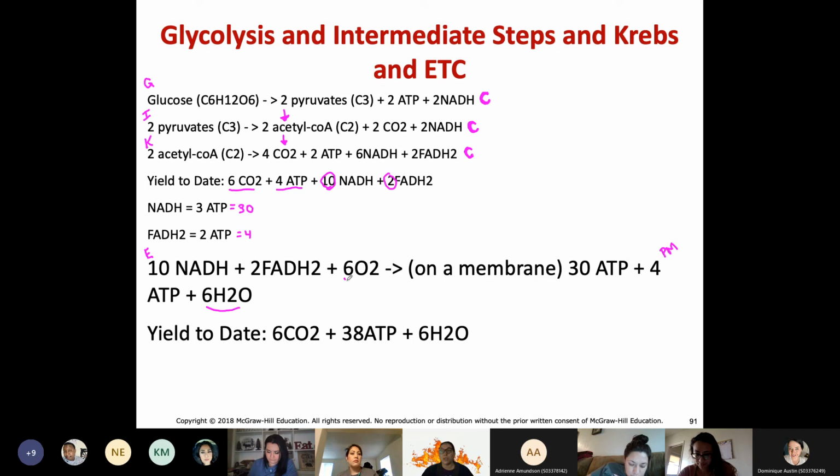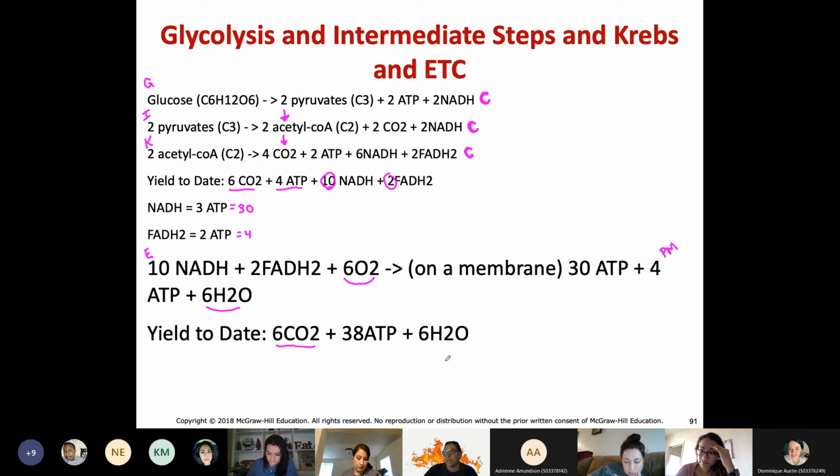Now, if I'm breathing, everybody, I needed 6 oxygens. If I'm not breathing, if I'm an anaerobic microbe, I'm not going to be able to use oxygen because oxygen is toxic.